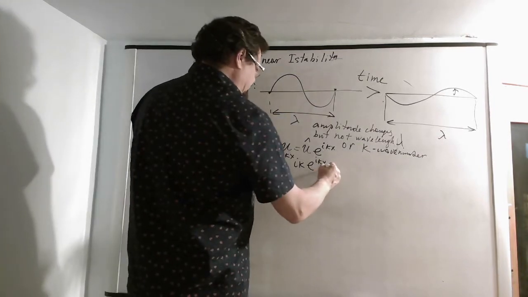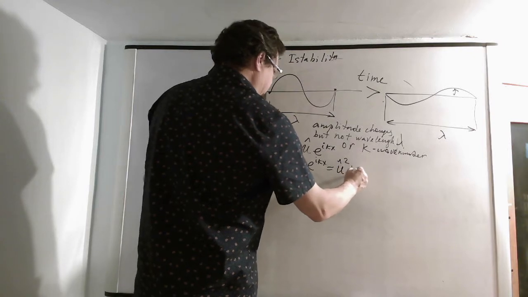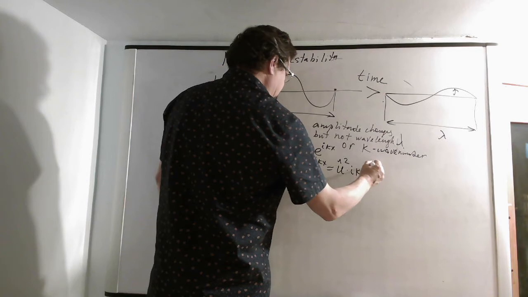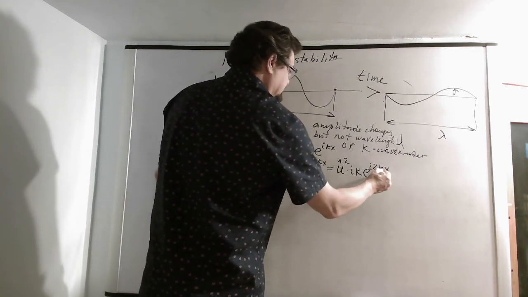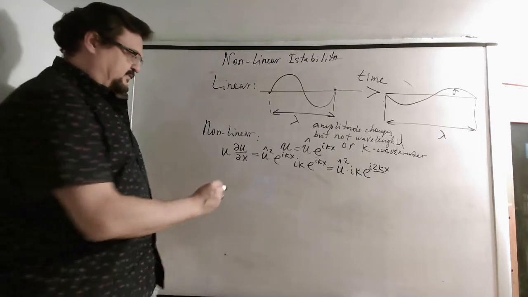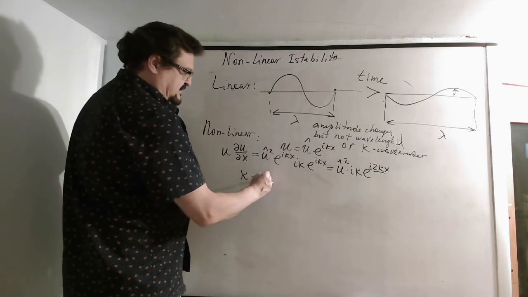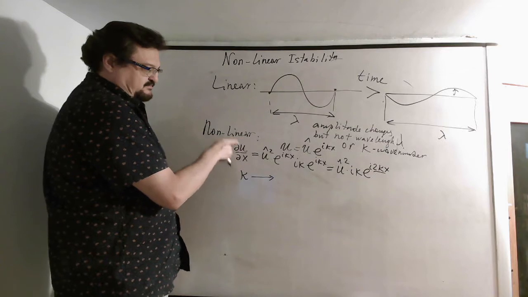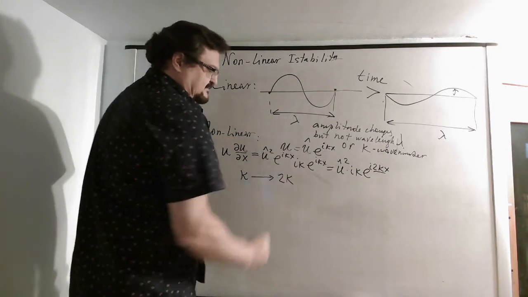So now what you have is harmonic times ik e to the power of i 2kx. So now you see that we had originally a harmonic of wave number k, and after this interaction, after this term, what you created is a harmonic 2k.